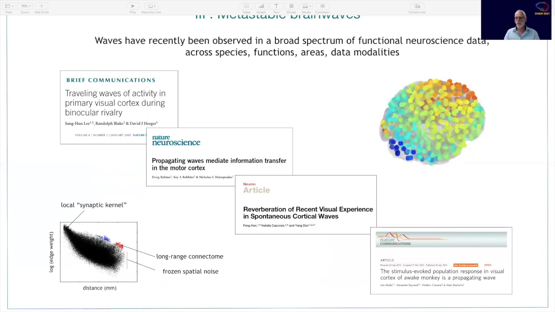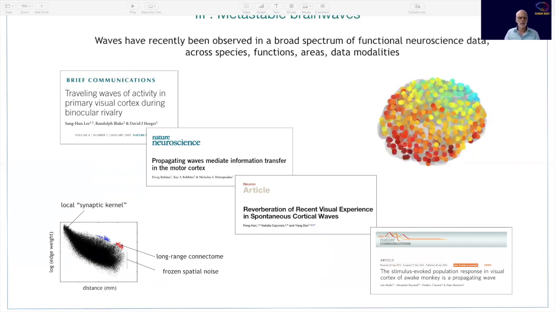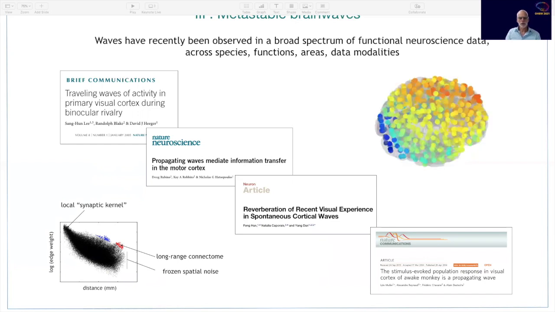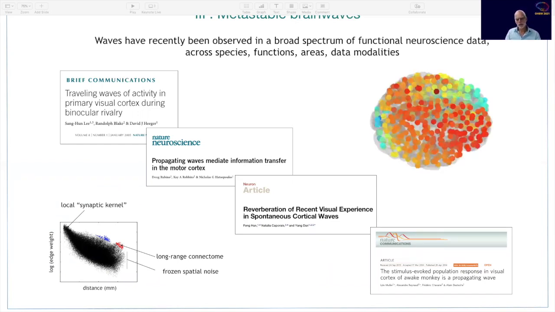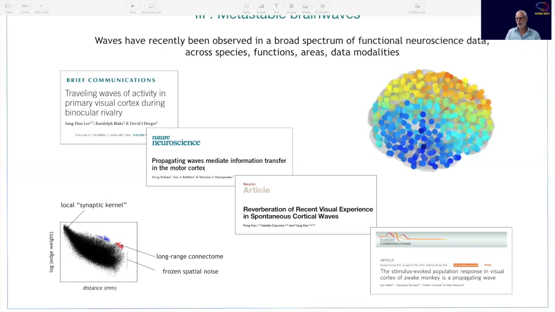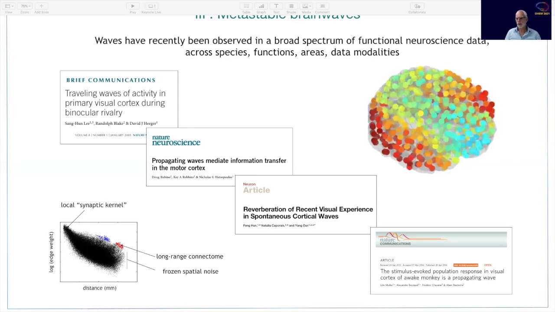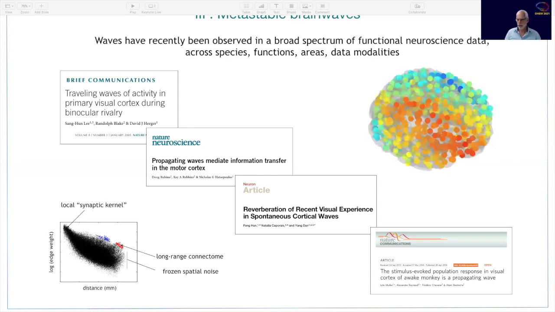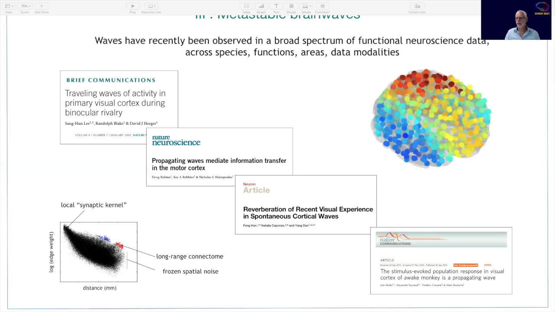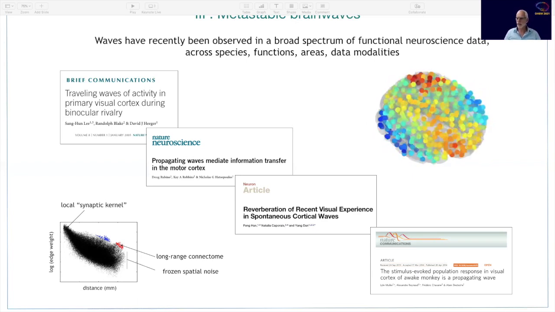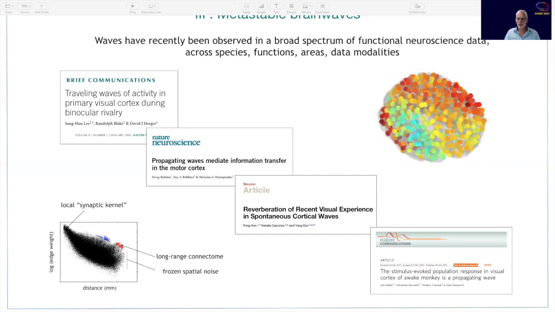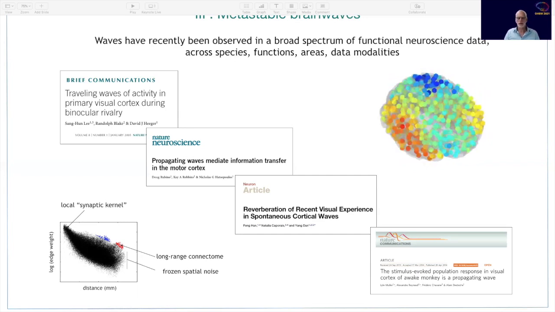And they're not magic, these waves. They come because the local connectivity drops off quite quickly, and it has a sort of what we call a spatial kernel. So if I'm active and I'm one of these populations, I'm more likely to change the activity in my neighbours and their neighbours. And this simple process gives rise to these large-scale travelling waves.